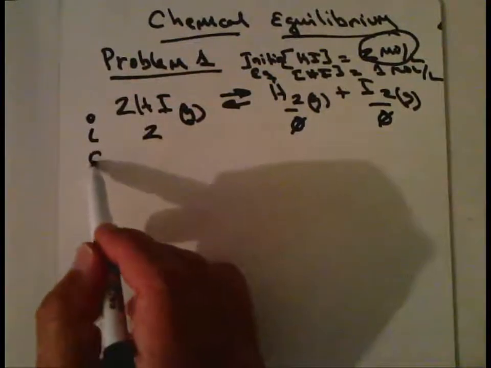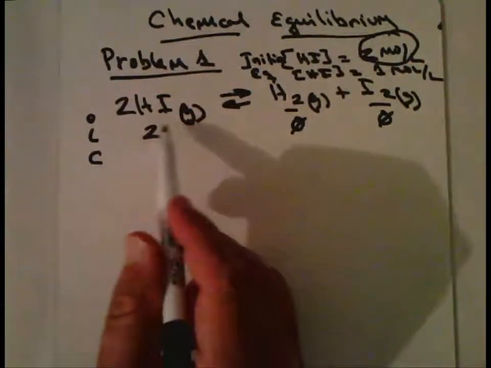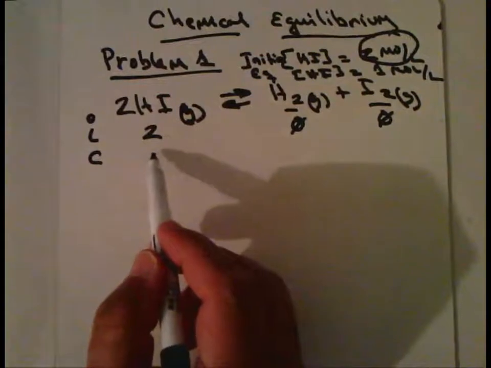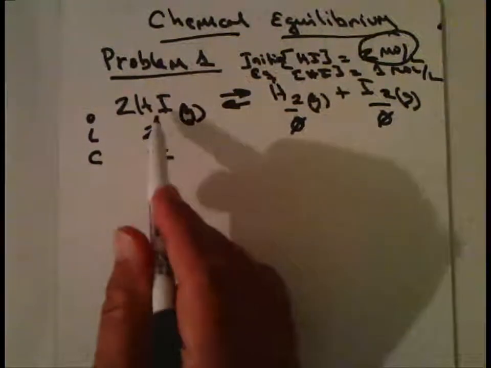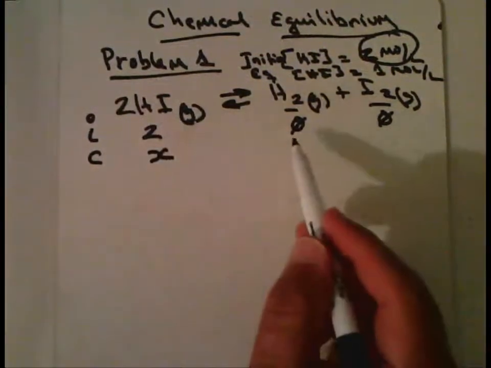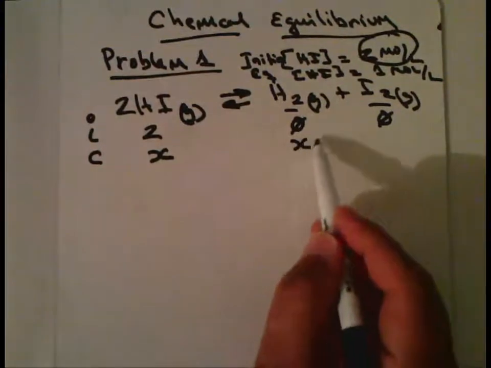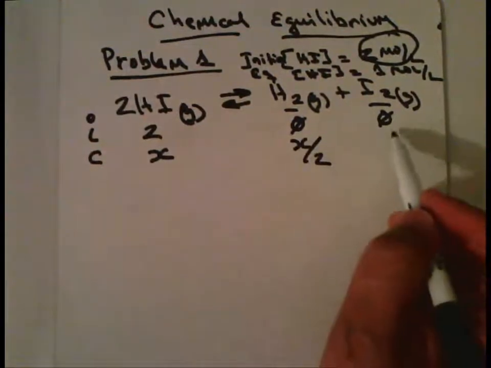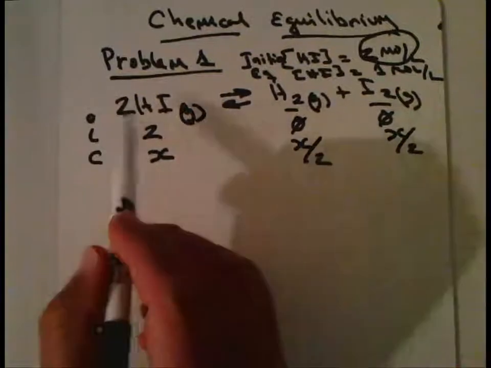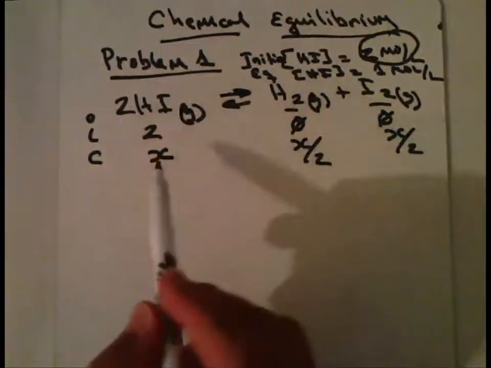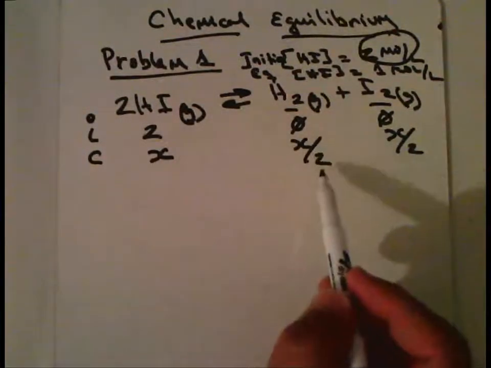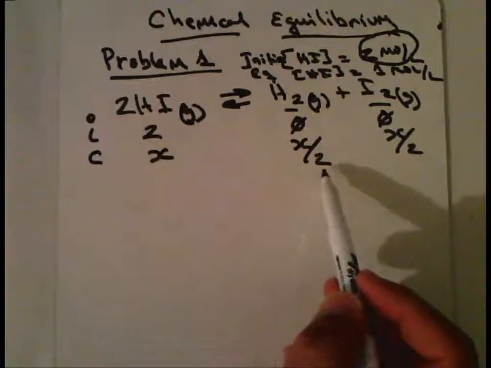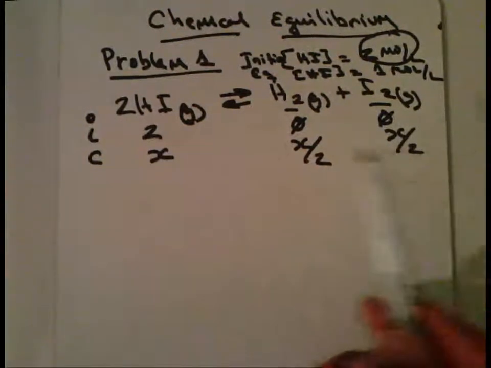There is a change that takes place in the equilibrium, so X amount of hydrogen iodide will produce X over 2. Why X over 2? Because the ratio is 2 to 1, so X will be half of the amount of hydrogen and half of the amount of iodine.